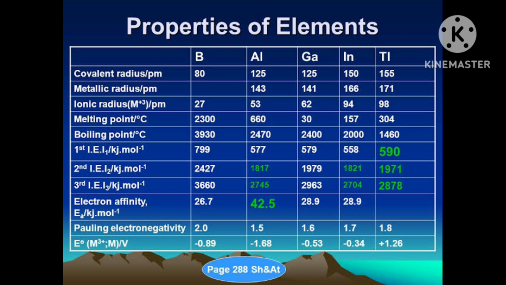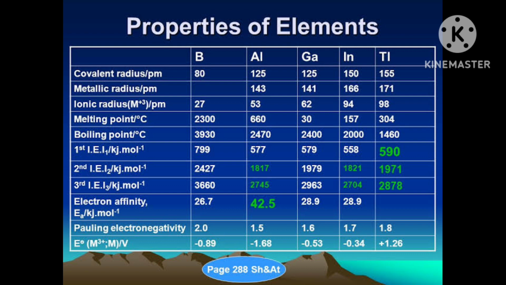First I will discuss electronic configuration. The outer electronic configuration of group 13 elements is ns² np¹ in a general way.